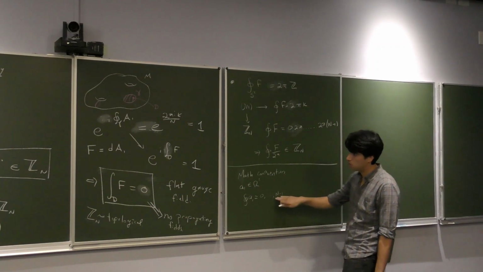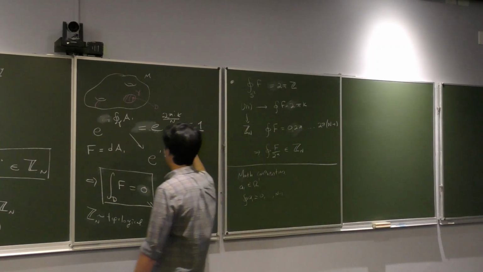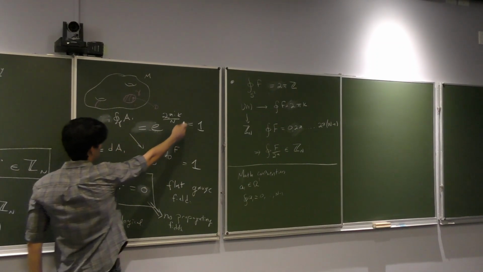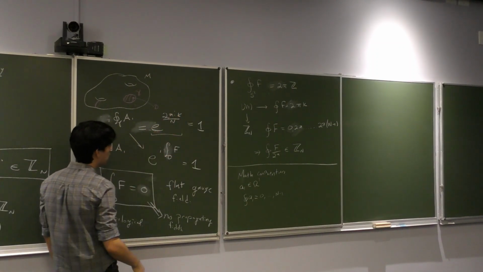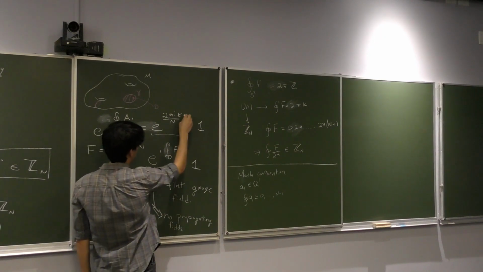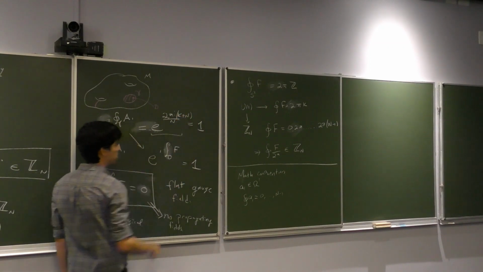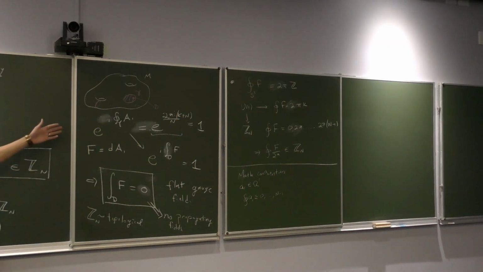And this is different than this statement because essentially it tells you that it's in Zn, but it can be up to k plus n, for example. So there's this redundancy where you're allowed to shift the holonomy by 2 pi times an integer.